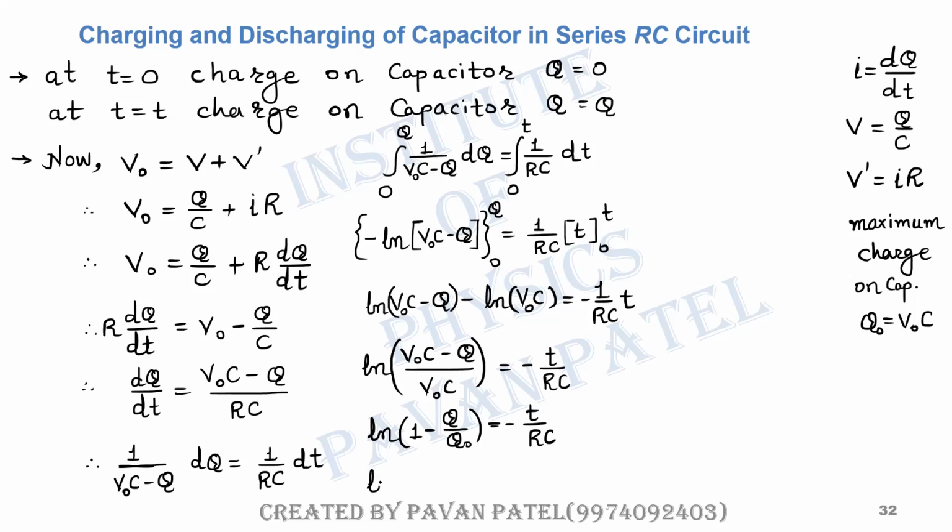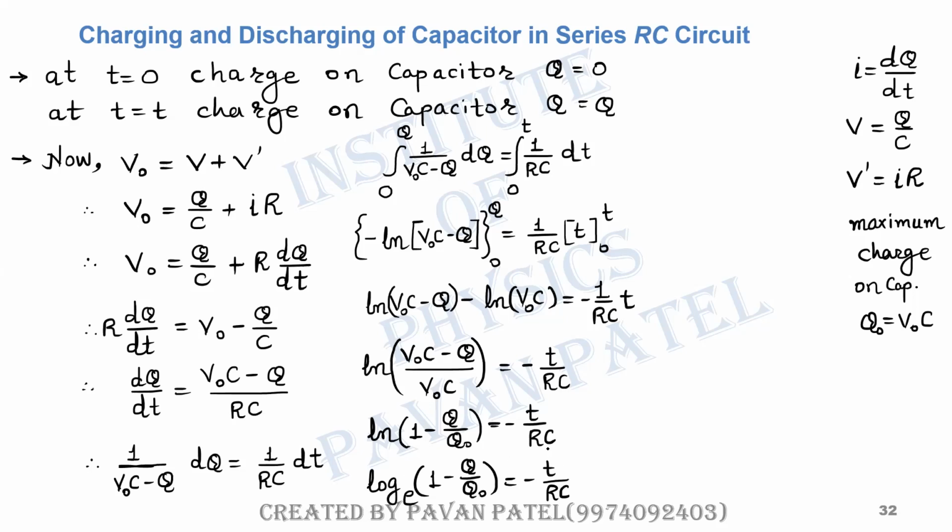I will write one more step here: log base e of (1 minus q divided by Q0) is minus t divided by RC. If we want to remove a log, then we have to apply an exponential function, because the exponential function and log are inverse functions, opposite processes of each other: exponential to log and log to exponential. So to remove the log we have to apply the exponential function. We will convert log into an exponential function. It is like taking a square and a root: if you want to remove a square, take the root; if you want to remove a root, take the square. Similarly, to remove a log the exponential function comes, and to remove the exponential function the log comes.